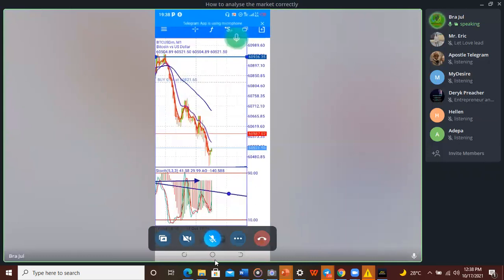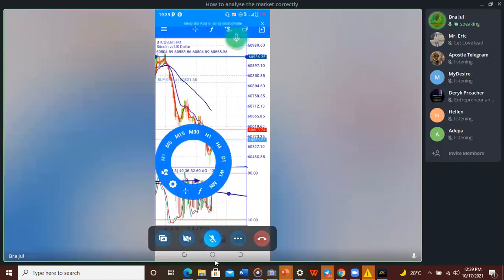I think the M1 is giving us a picture of something right now, which we must respect. You can see where the M1 has reached, it is in a higher high right now, showing that it's likely to cross the upper side in this particular direction.